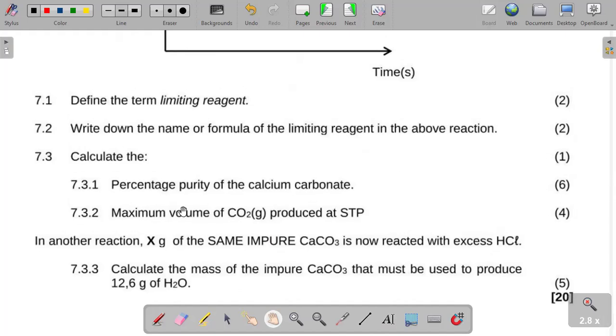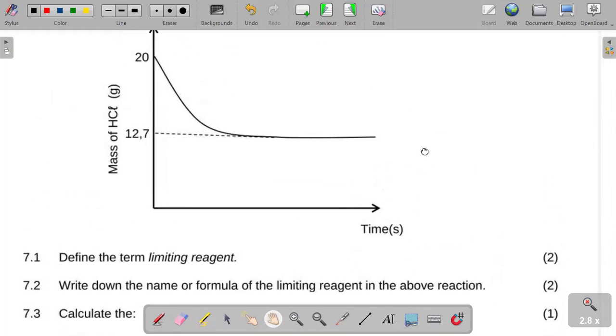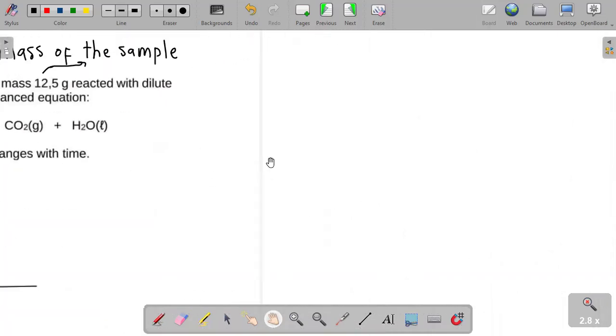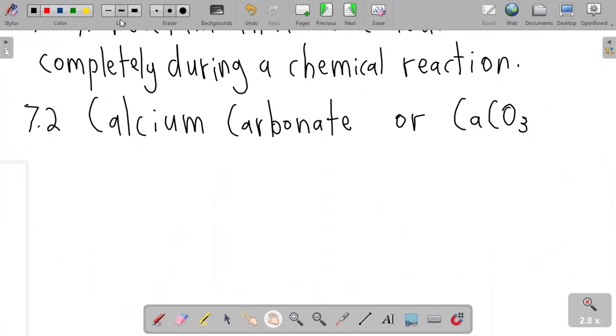We know the mass of the sample, but we don't know the mass of the compound that reacted. We know the mass of HCl that reacted, isn't it? We can say 20 minus that. So we can find the mass of the HCl.